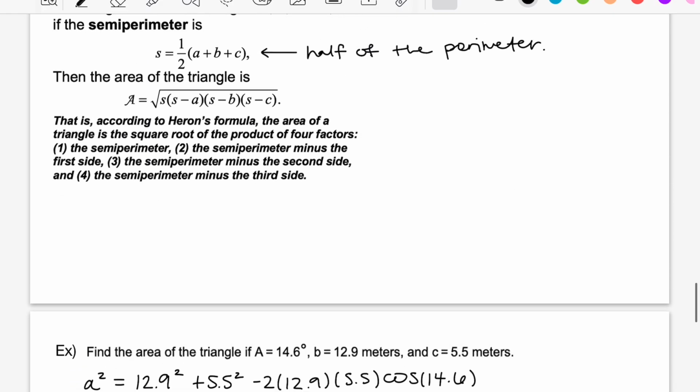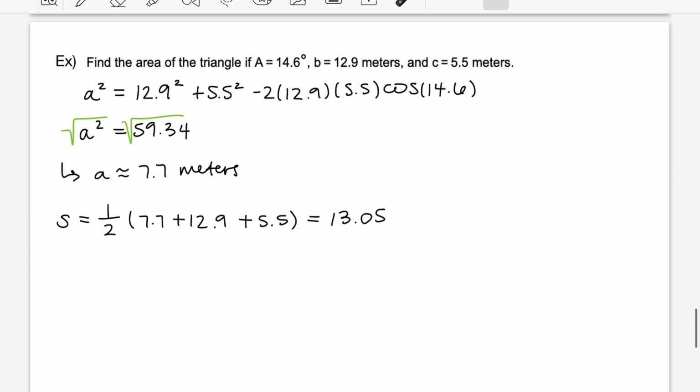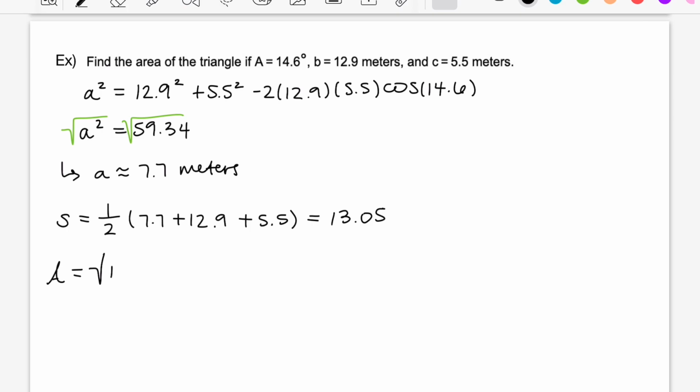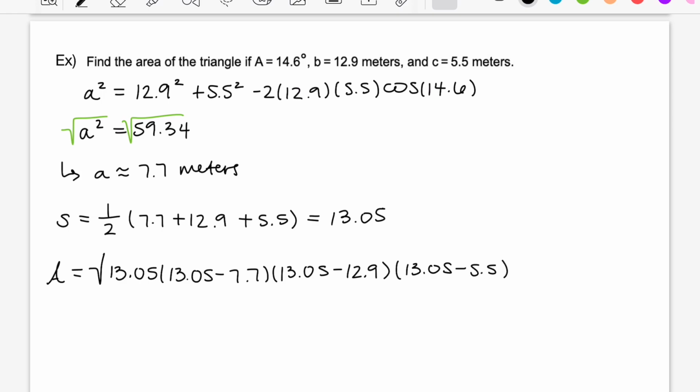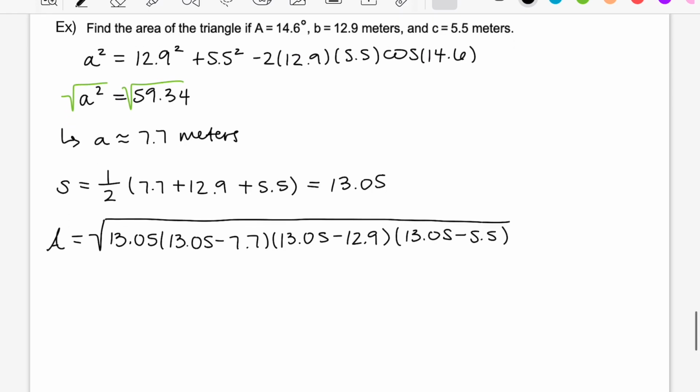Now lastly, to find the area, we're going to use this formula here, plugging in our known values for S, A, B, and C. So our area, I'm going to use this A here, it's going to be the square root of S times S minus A times S minus B times S minus C. So we're going to take the square root of all of this here.